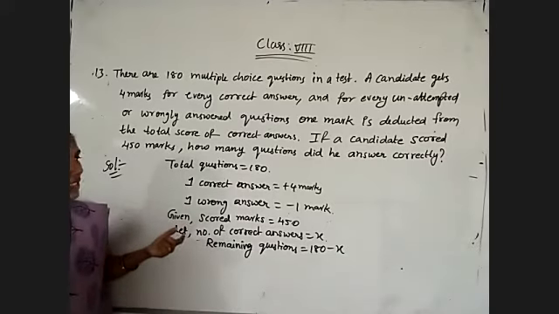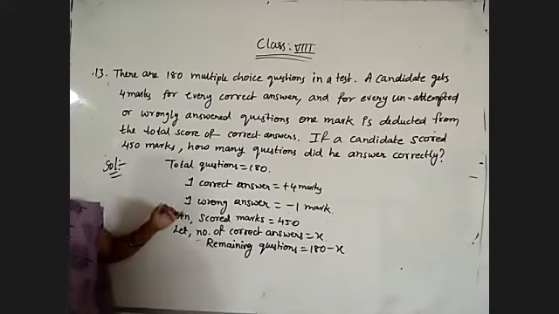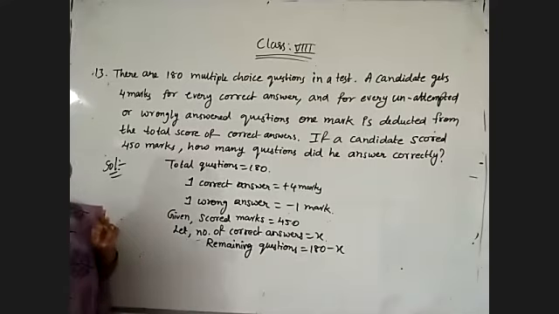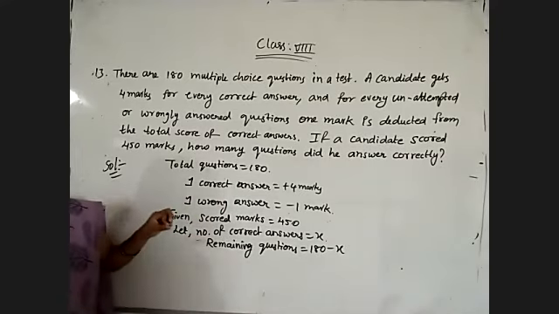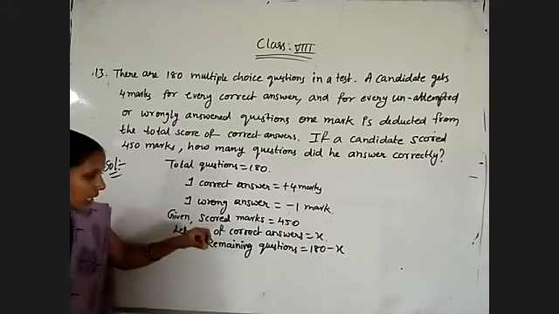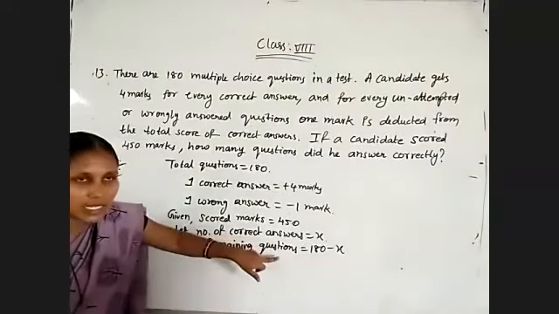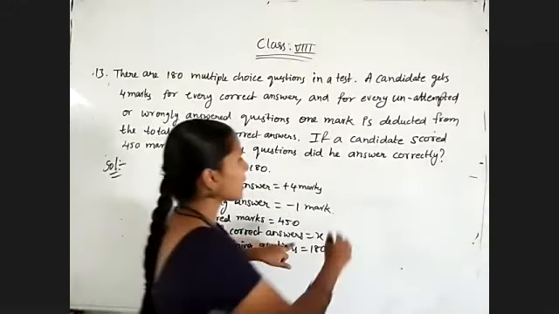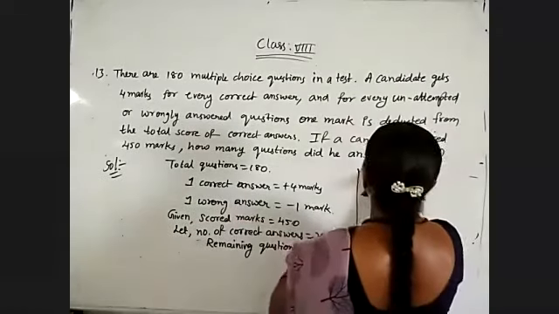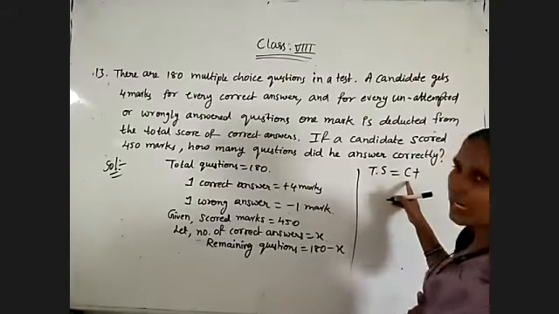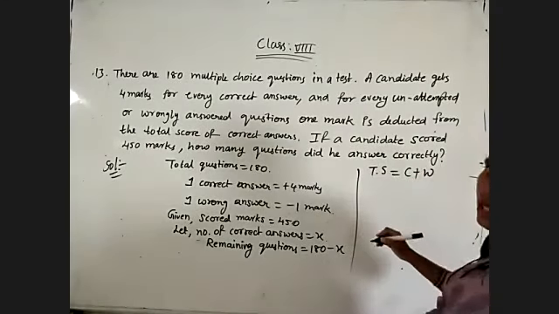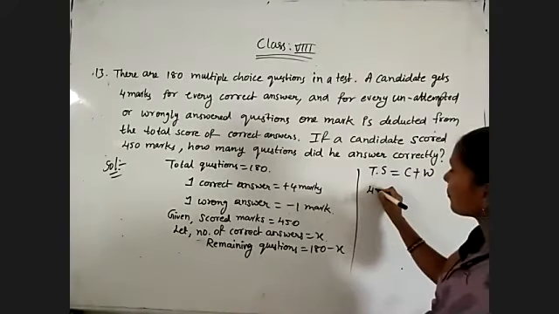And just observe, if he wrote 2 correct answers, how many marks will he get? 2 fours are 8. 5 correct answers, 5 fours are 20. Like that he will get the marks. So here correct answers are x. For x correct answers, the total score is equal to the marks got through correct answers plus wrong answers also. Total score 450.